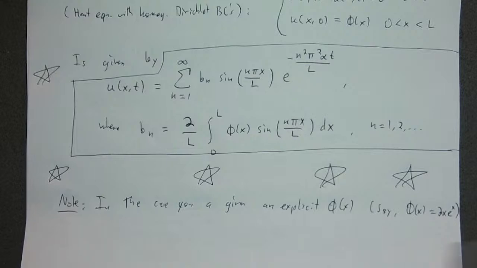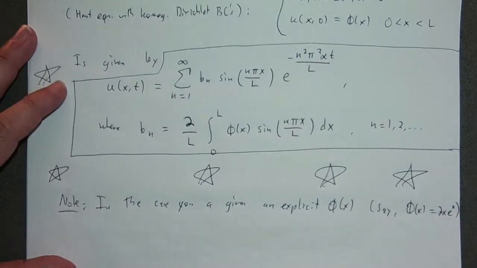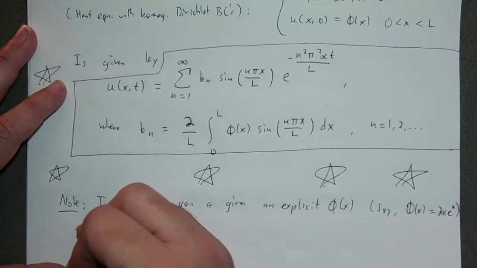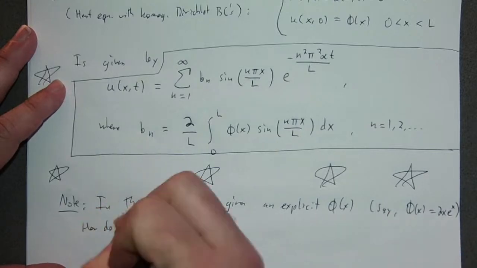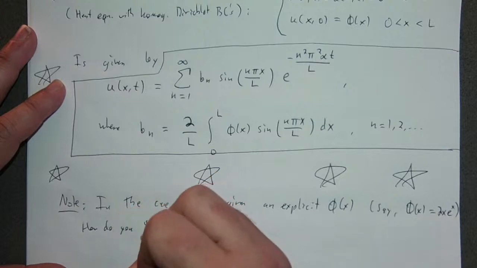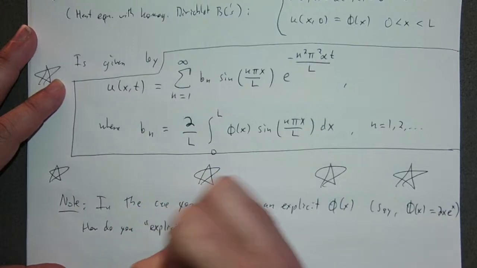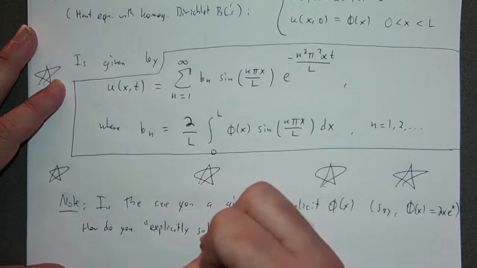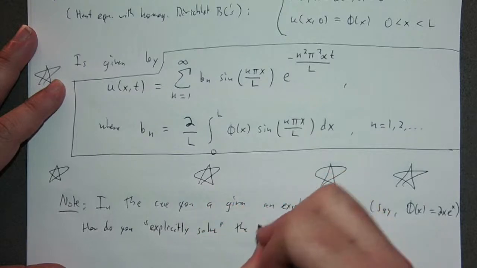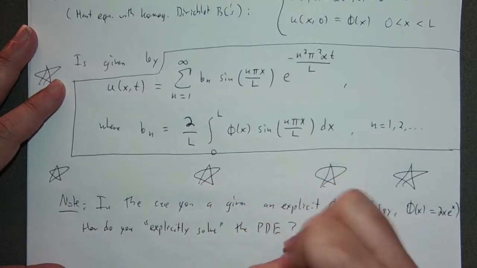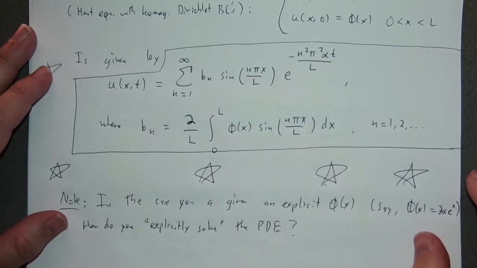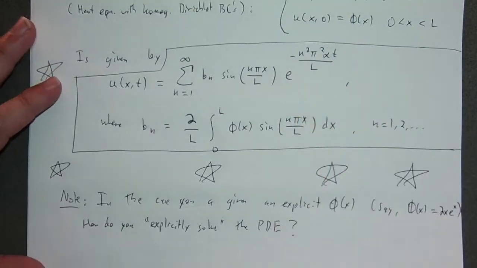So say that you have a phi that looks like this. How do you explicitly solve the PDE? Well, you write u as above.